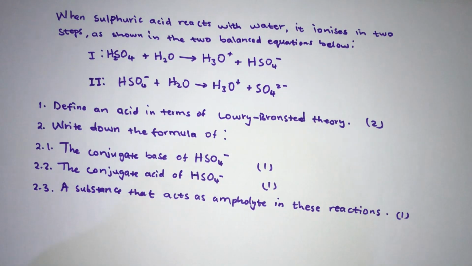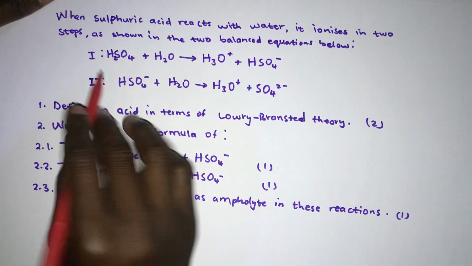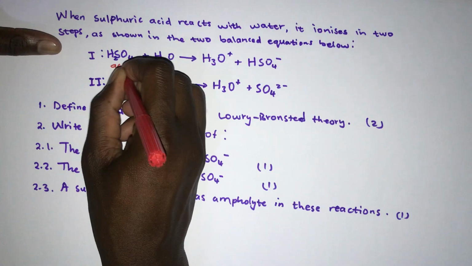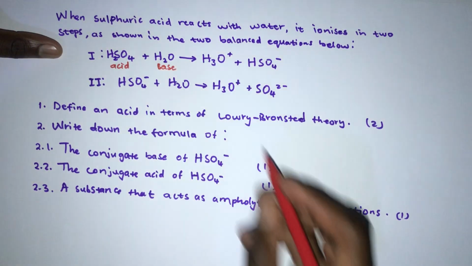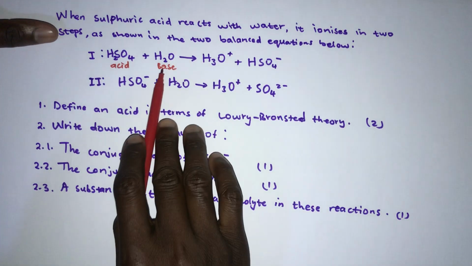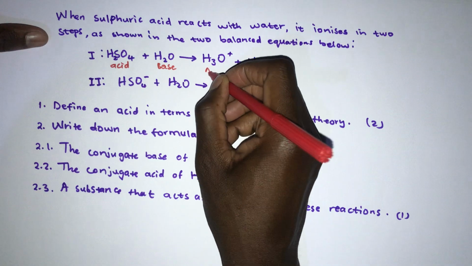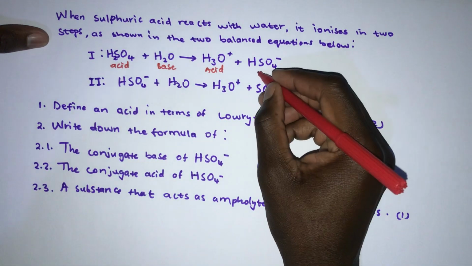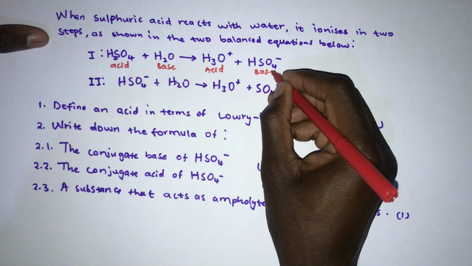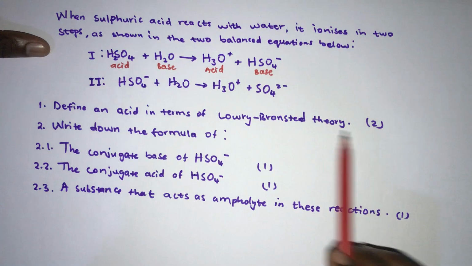So just do this. This one is an acid, the sulfuric acid. So you just write acid. Here you write base to simplify life. So this one was a base, it accepted the hydrogen, it became an acid. And then since it lost the hydrogen, this one became a base. Now let's check reaction number 2.